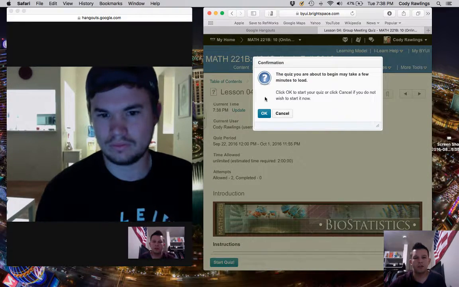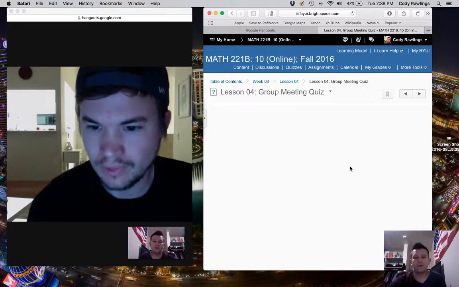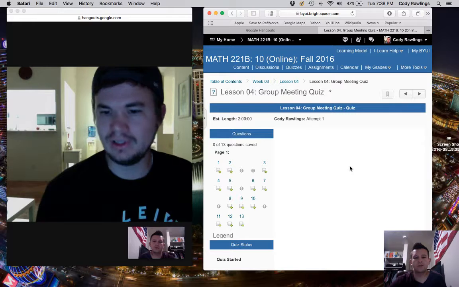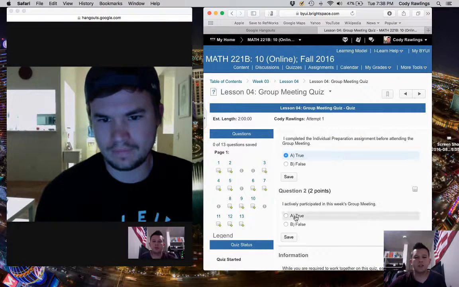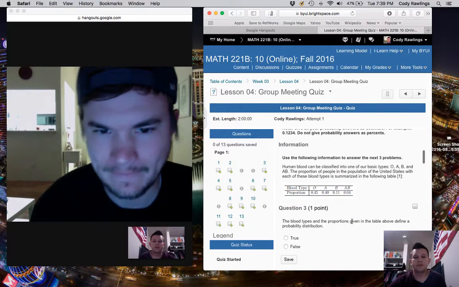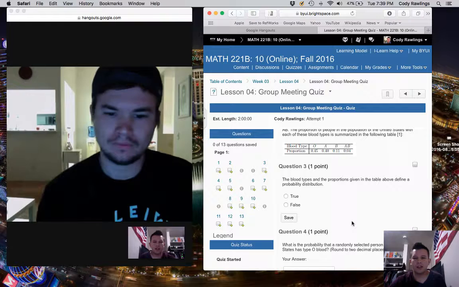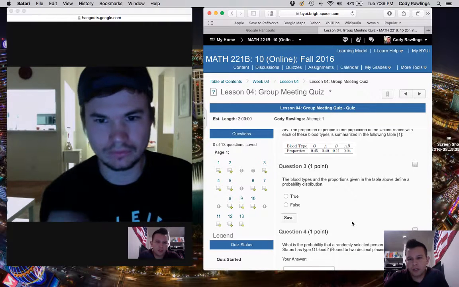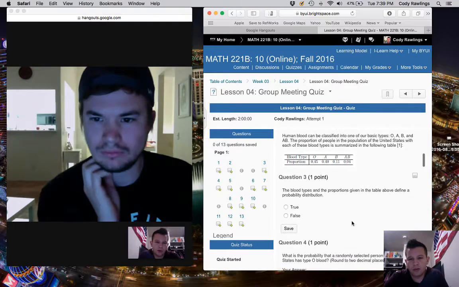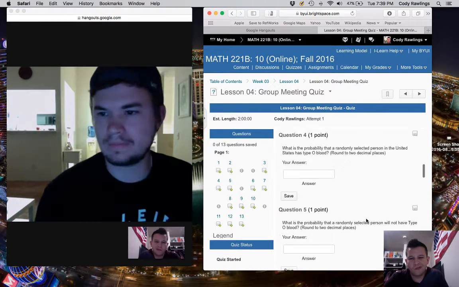But all of it's just probability stuff. Okay, so 1 and 2 are true. Okay, so number 3, the blood types, proportions given in the table. True. Is it true? Yeah, that one's true.